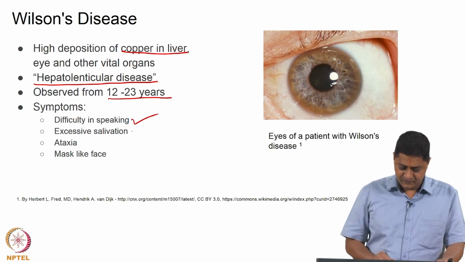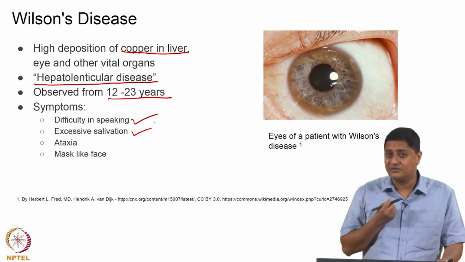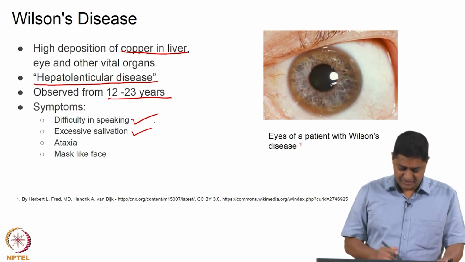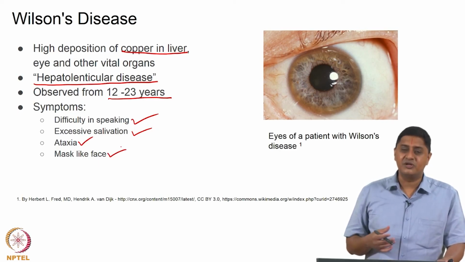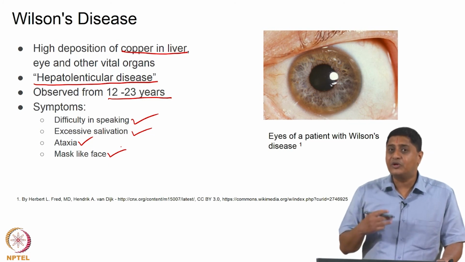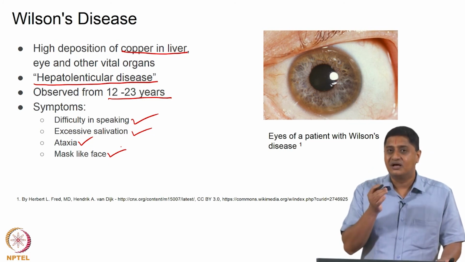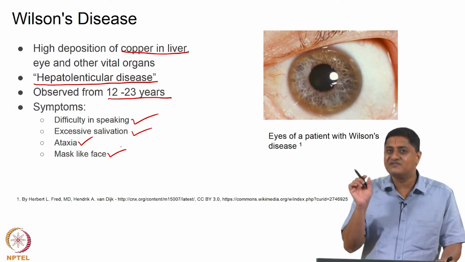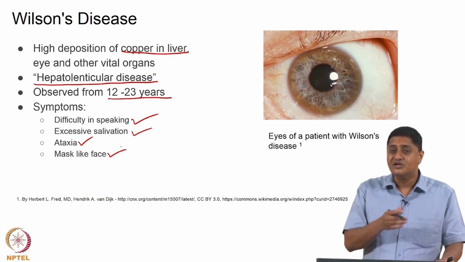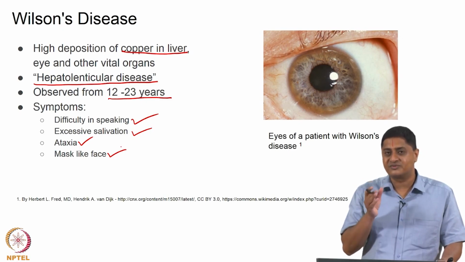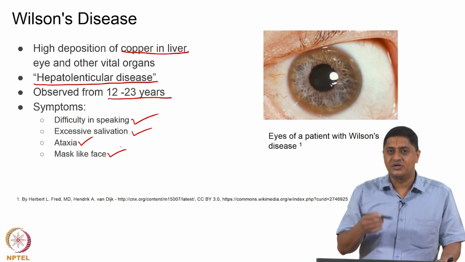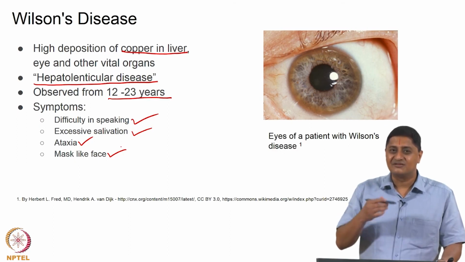Difficulty in speaking, excessive salivation, inability to control salivation, ataxia, and unfortunately a mask like face. In other words, the person is unable to express emotion through facial features. Facial expression of emotion is associated with movements of relatively small muscles, as I mentioned in the previous class. This disease leads to a situation where people are not able to move those muscles, and the person shows a face that resembles a mask, showing no emotion.